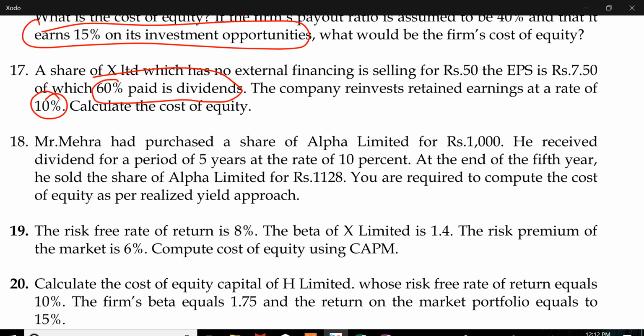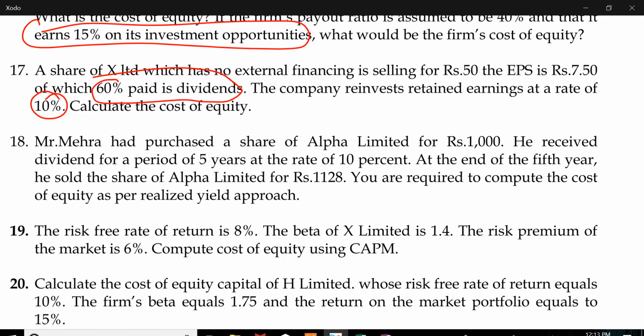Next, dividend equals EPS into payout ratio. 7.50 into 60%.